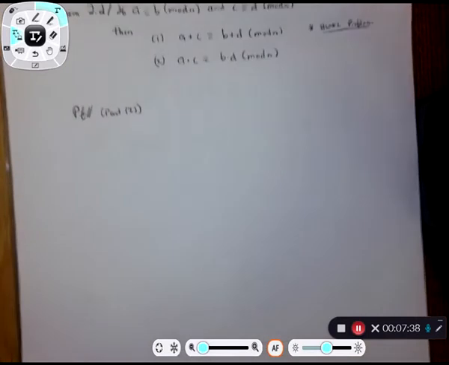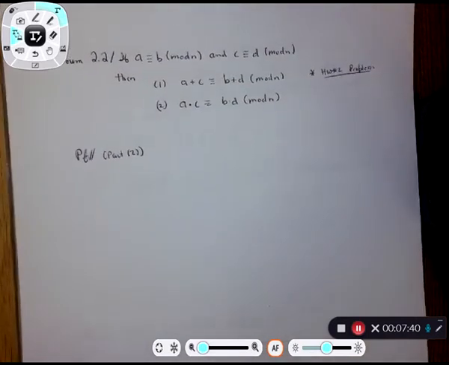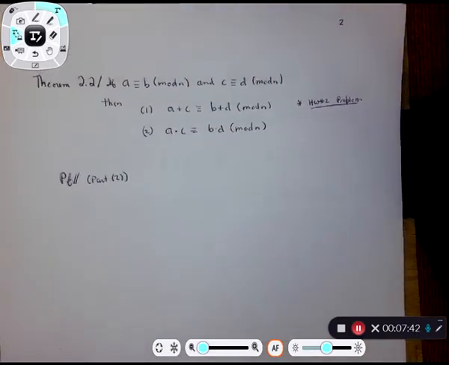So let's take a look at this one here. This is Theorem 2.2. Theorem 2.2 states this.